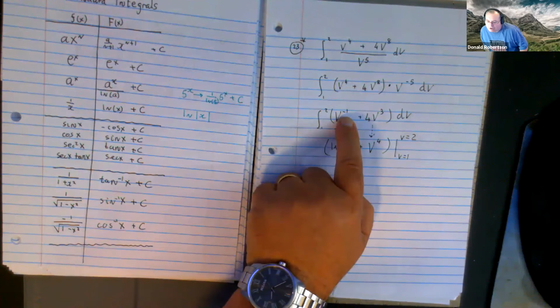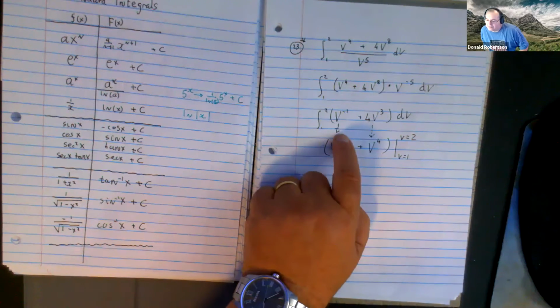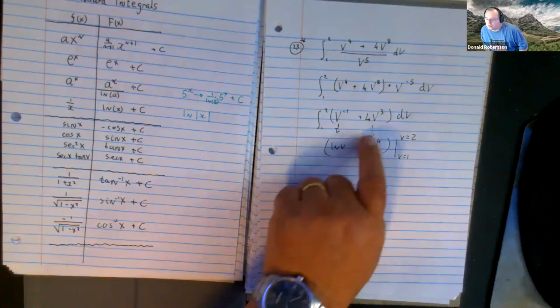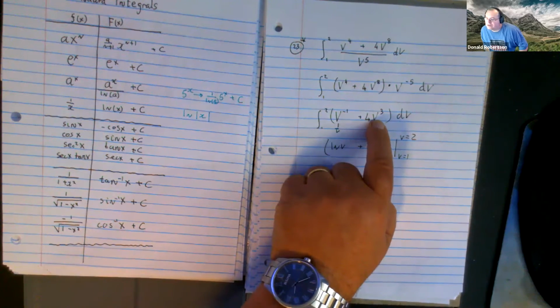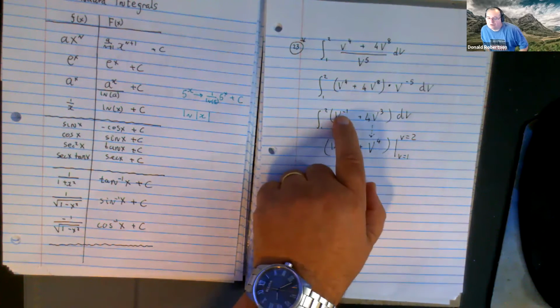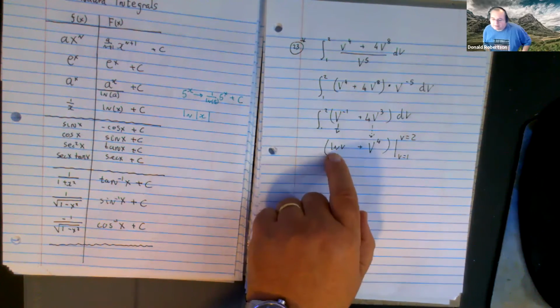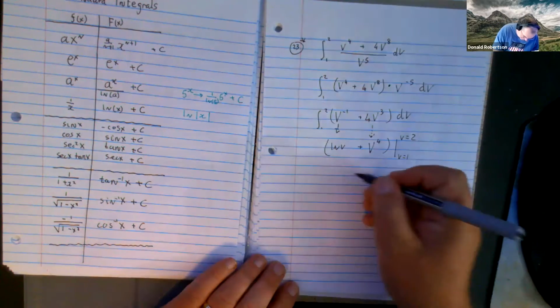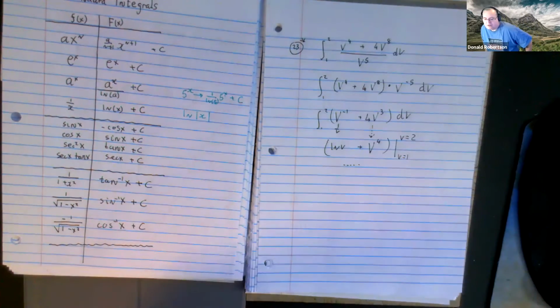But just because it looks like a power rule doesn't mean it is. Would you agree that doesn't work as a power rule? Doesn't that work much better if you think of it as 1 over v? On the other hand, this works perfectly as a power rule, doesn't it? Wouldn't 4v to the negative 3 also work perfectly as a power rule? So the only power that we have a problem with is the negative 1, because it's technically going to be a log. And then you stick in the numbers. But for speed, I'm just going to do my classic dot dot dot. That just means keep going and you'd finish. It'd just be numbers from this point onwards.